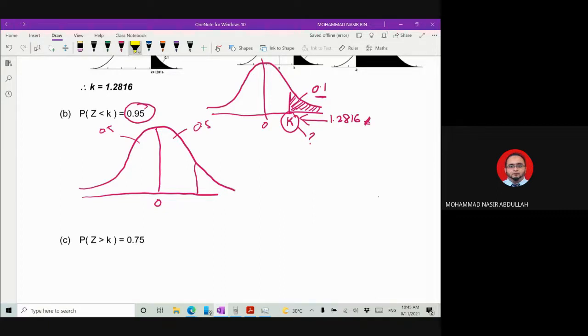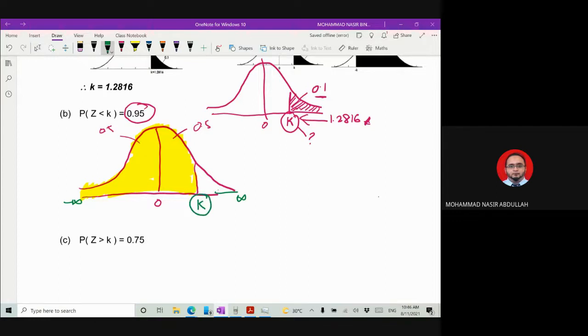So this is the area to the right hand side, to the left hand side, because Z is less than K. So we know that this is from negative infinity to infinity. So this is the value of K that we want to find, right?